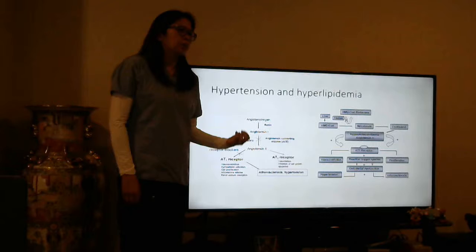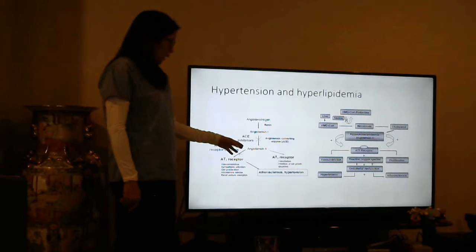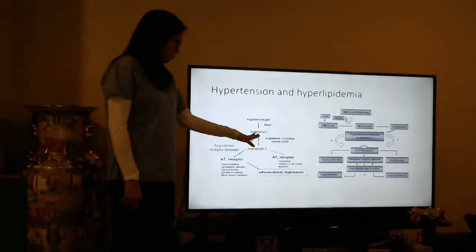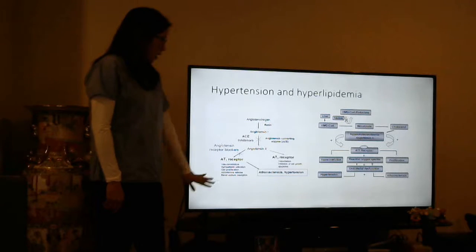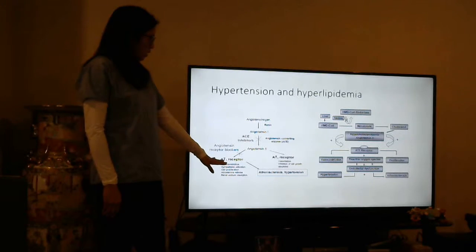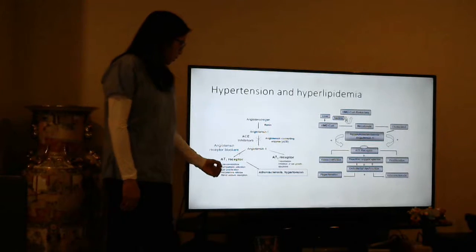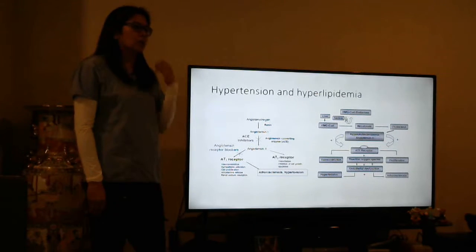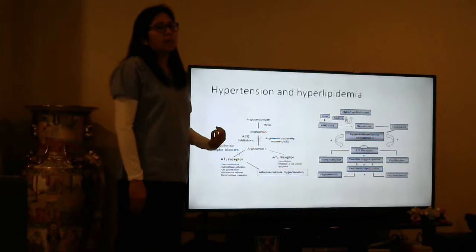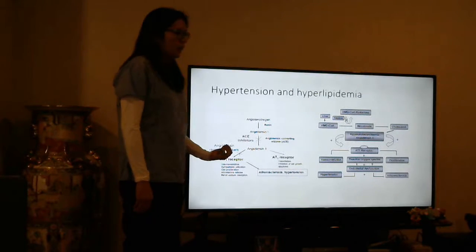These are our captoprils, our lisinoprils. They act to block in this regimen here. And then they also order the angiotensin receptor blockers, our ARBs. They also prevent vasoconstriction. They are decreasing the peripheral vascular resistance.